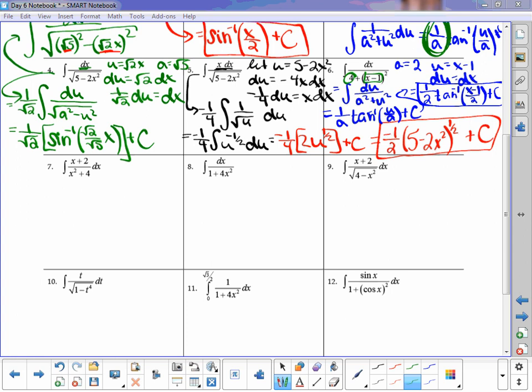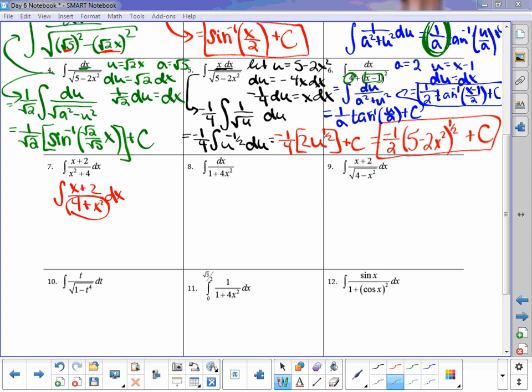All right, so let's take a look at number 7. Does this look like inverse sine? No, there's no square root, no inverse sine. Does it look like inverse tangent? Perhaps inverse tangent. If we were to rewrite this, that looks a little bit more like it in that we have 4 plus x squared, but we have an x plus 2 on top.